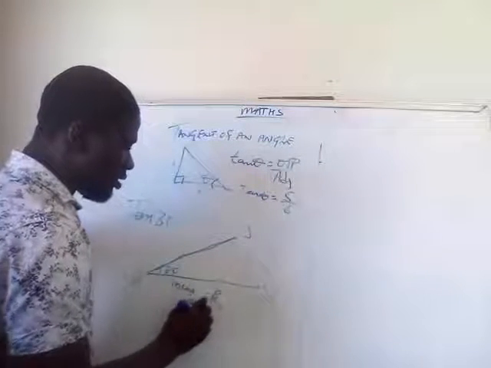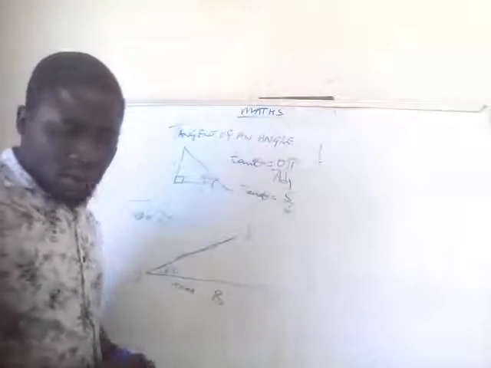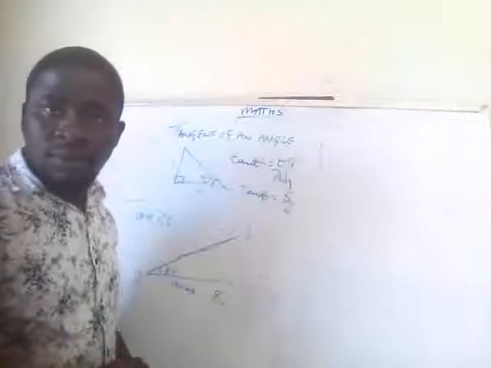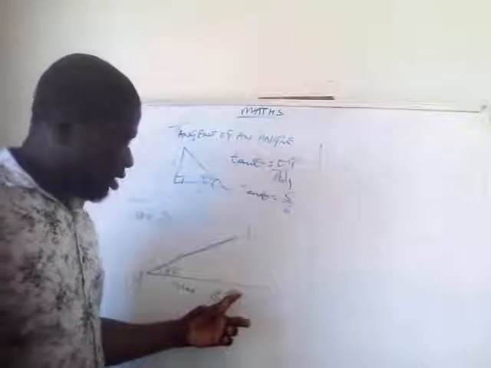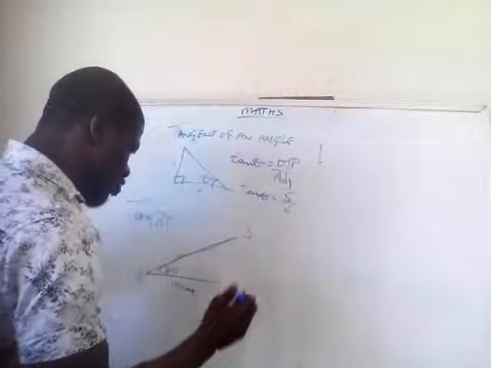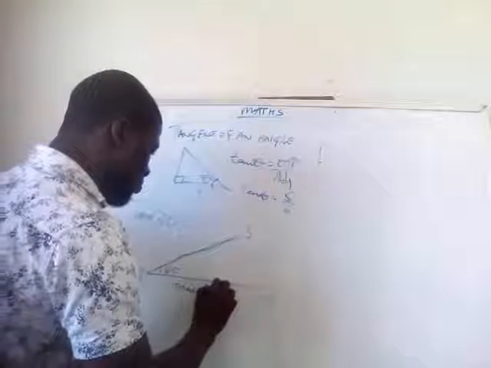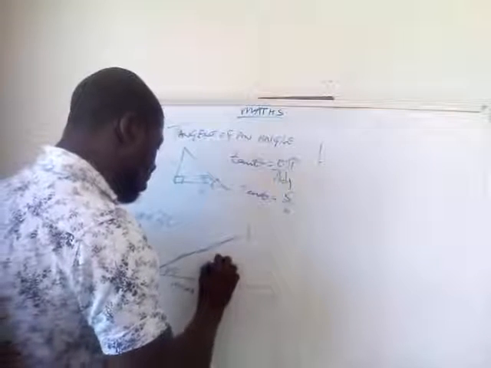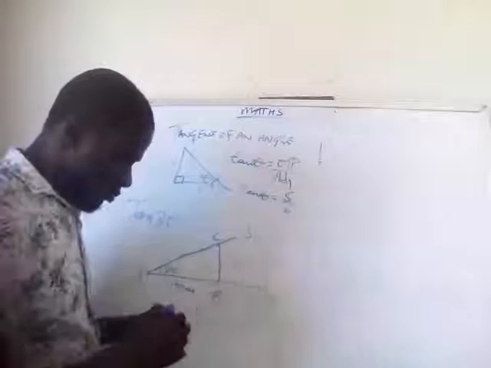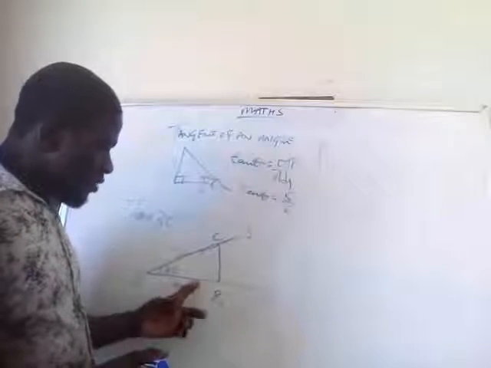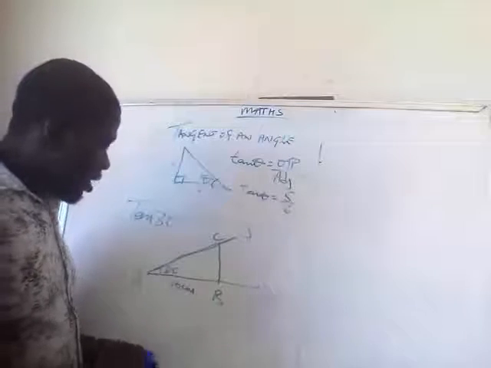Call this place B. Then you draw a line from B to meet this AY at C. You have measured this as 10 cm.